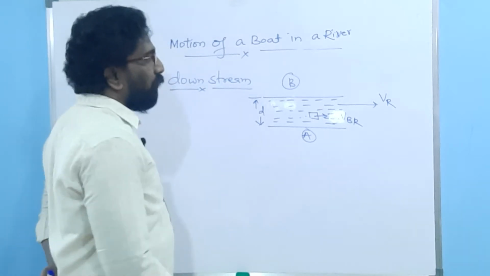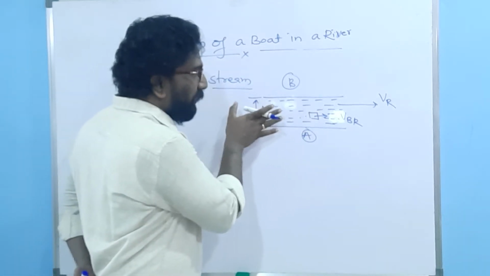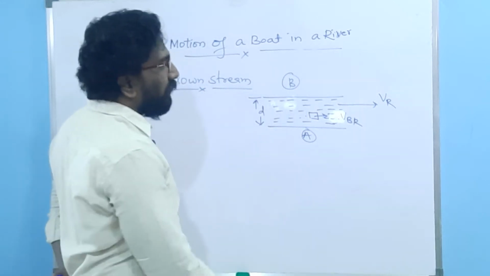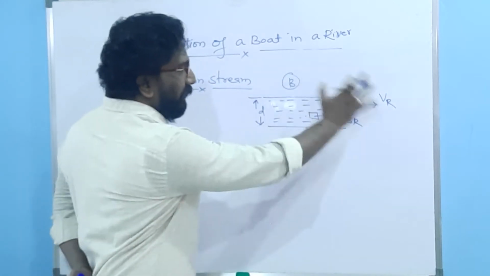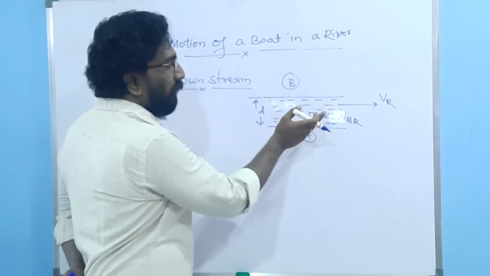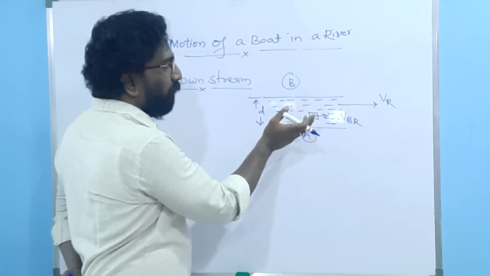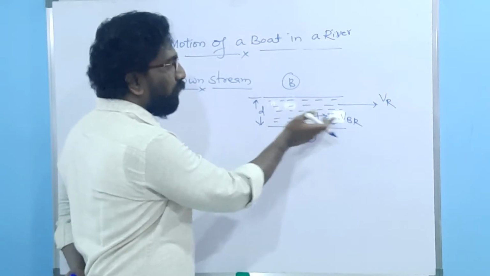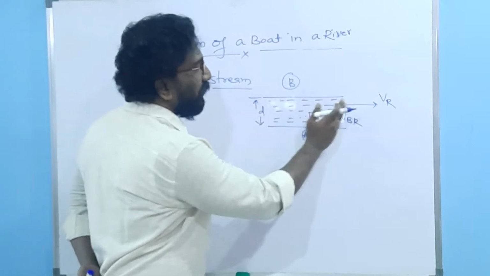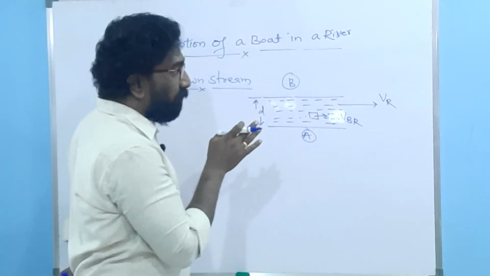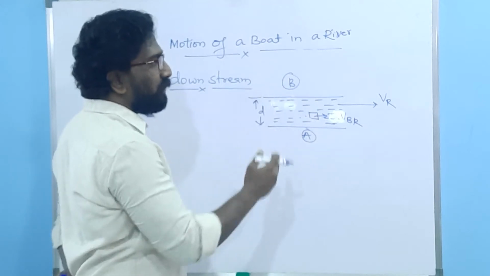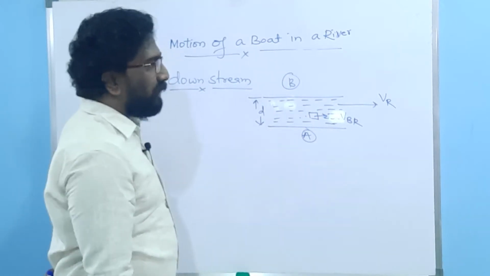Now, since my boat is traveling in the same direction as the water is flowing in the river, the resultant velocity of this boat will be a summation of the velocity of the boat plus the velocity of the river. Why? Because if water is flowing in this direction and you are also moving in the same direction, the velocity of water helps us go very fast.